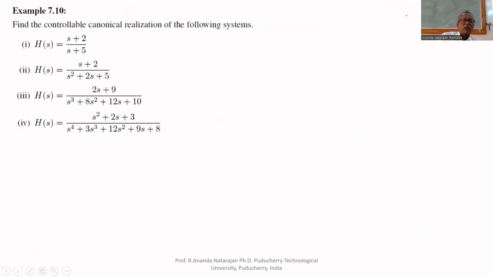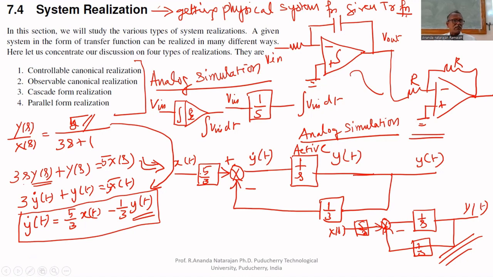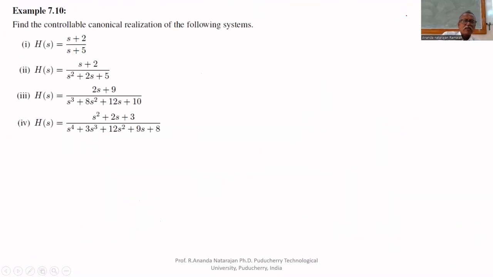First, let us see controllable canonical realization.